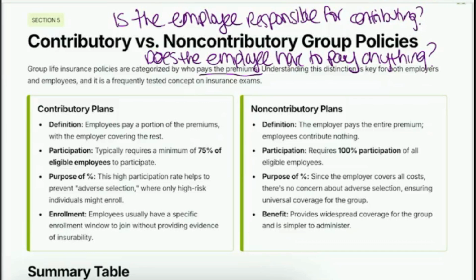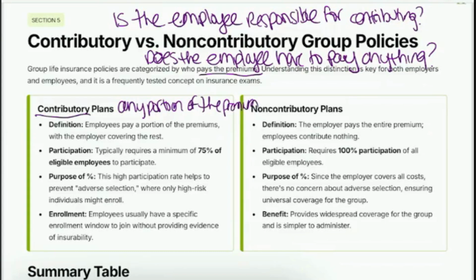But when they are saying contributory versus non-contributory, who they are thinking about as contributing is the employee, okay? I used to get these confused when I was studying this 15 years ago. They're worried about the employee. If the employee has to pay any amount, any portion of the premium, it is contributory.